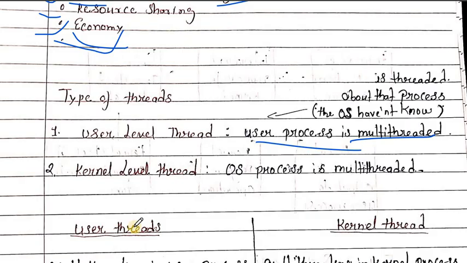But the key point is that if the user level process is threaded, this is done at the user level, and the OS doesn't know about it. The OS doesn't know the process has multiple threads.